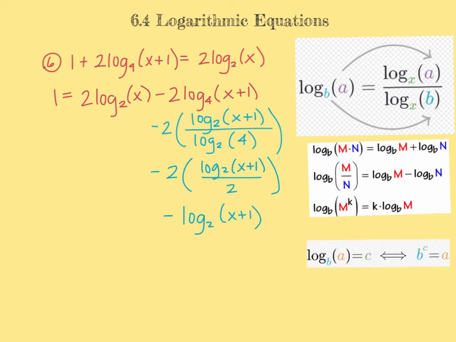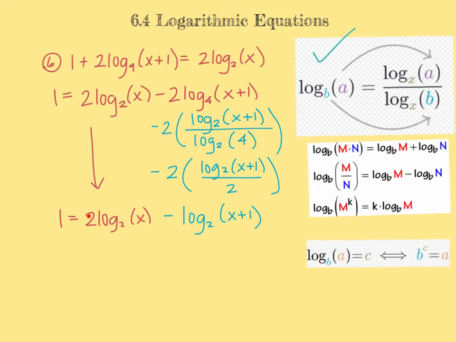The rest of our problem we can just bring down. So we'll have 1 equals 2 log base 2 of x minus log base 2 of x plus 1. So we've successfully changed our log of base 4 into a log of base 2 using the change of base formula over here. So that one is done.